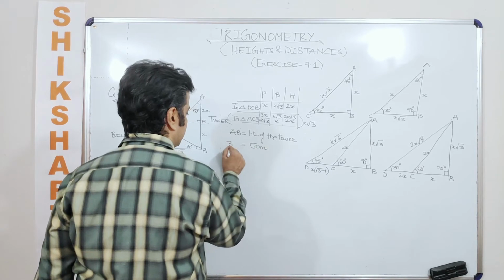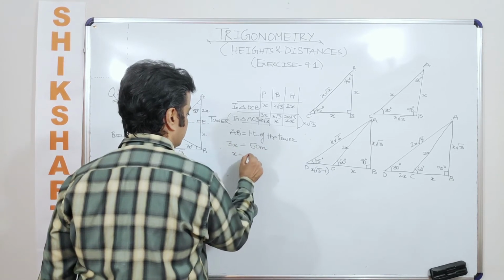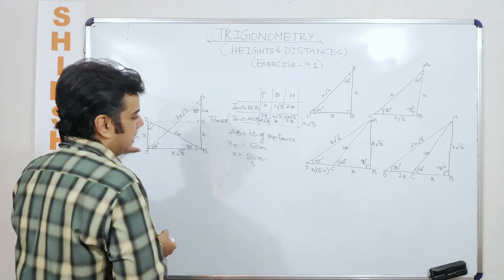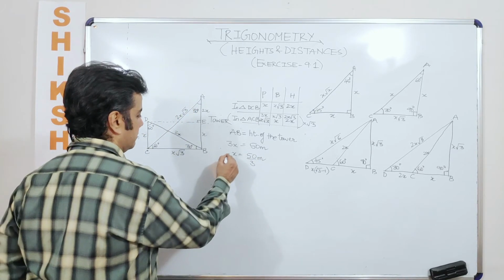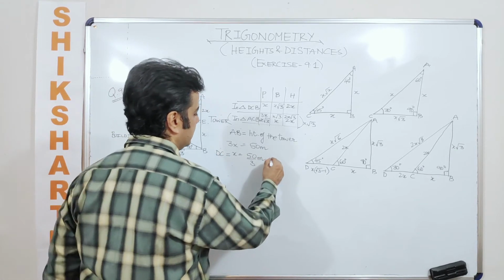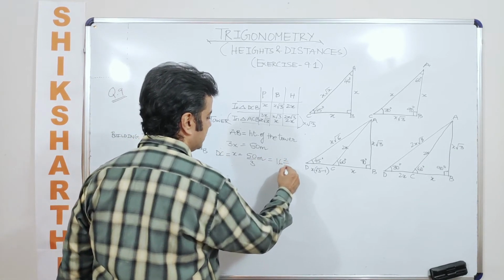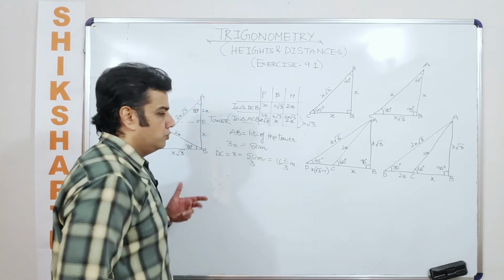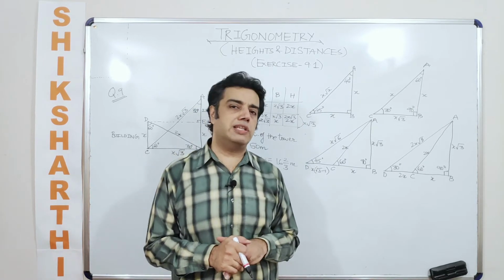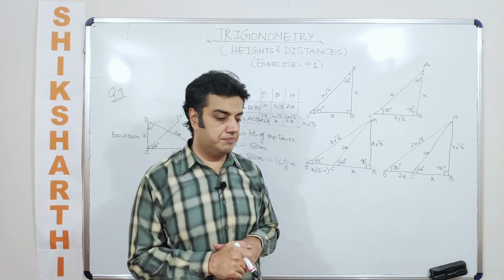So this is nothing but 3x, so the value of x comes out to be how much? 50 by 3 meters, which is nothing but the height of the building. You are supposed to find the height of the building, which is DC, which is 50 by 3, which can also be written as 16 2 by 3 meters. So you would see that with the help of 30, 60, 90, the cases that we had talked about, solving the question becomes quite easier.